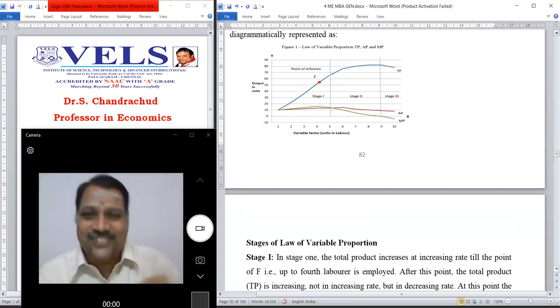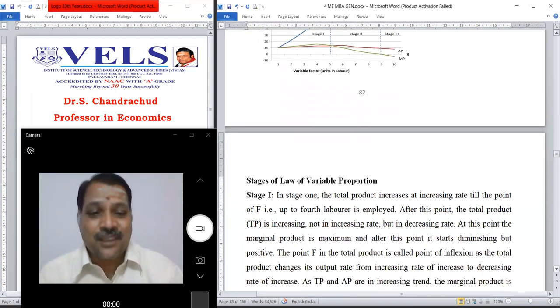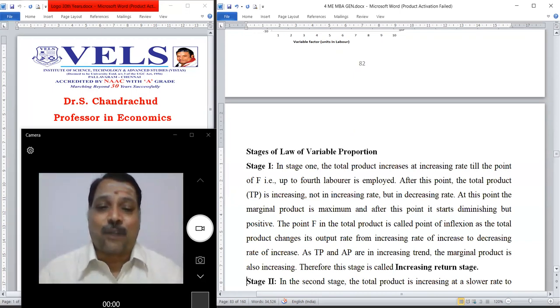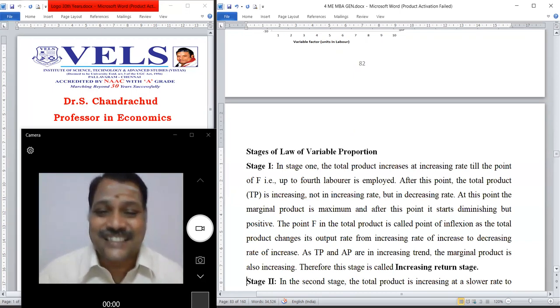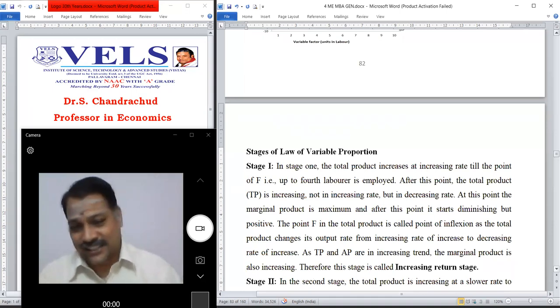This change from increasing rate to decreasing rate, that point we call the point of inflection. At this point, the marginal product is maximum, and after that it starts diminishing but remains positive. The point F in the total product curve is called the point of inflection, as the total product changes from an increasing rate of increase to a decreasing rate of increase.